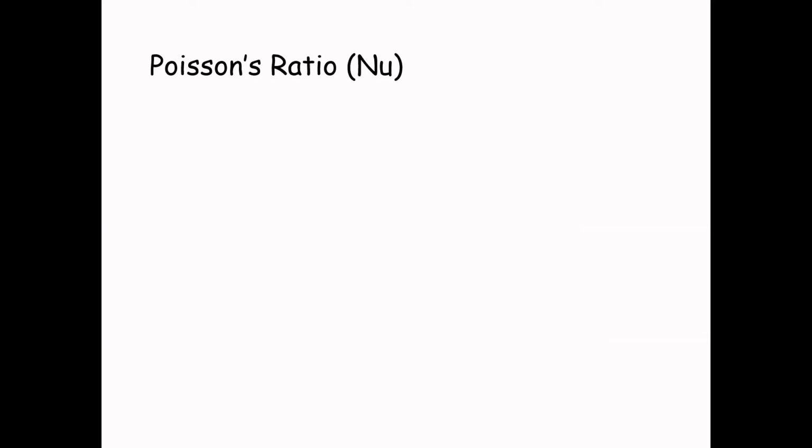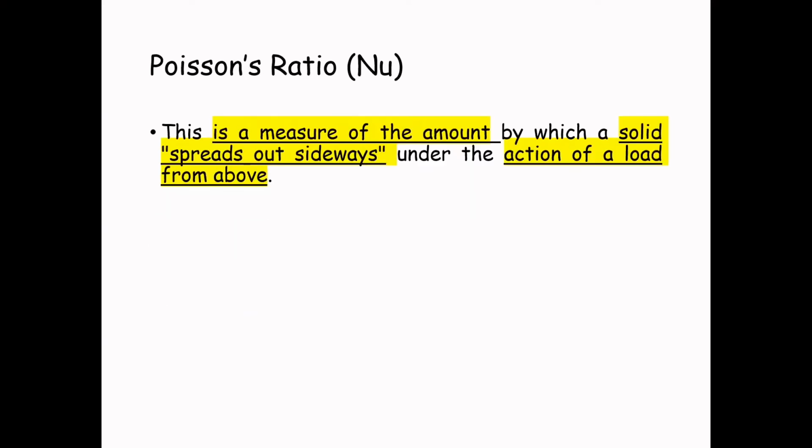When a sample of material is stretched in one direction, as I mentioned previously, it tends to get thinner in the lateral direction. If a sample is compressed in one direction, it tends to get thicker in the lateral direction.